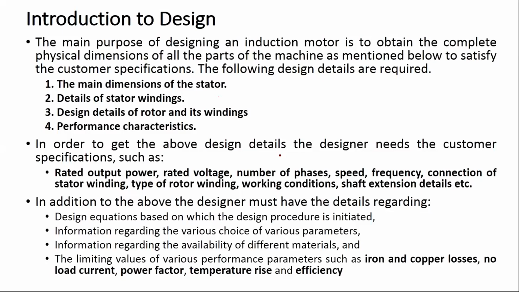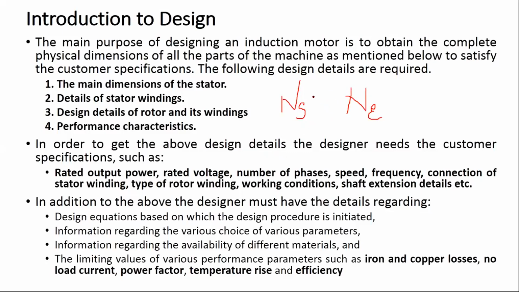Now why do we call it an asynchronous machine? Because of the speed at which flux rotates within the air gap in a three-phase induction motor, and the speed at which the rotor rotates. Let us say Ns is the speed of the flux, which we call the synchronous speed, and Nr is the speed of the rotor, right?